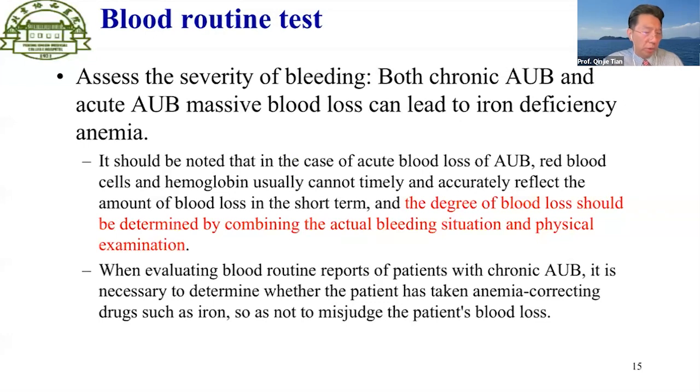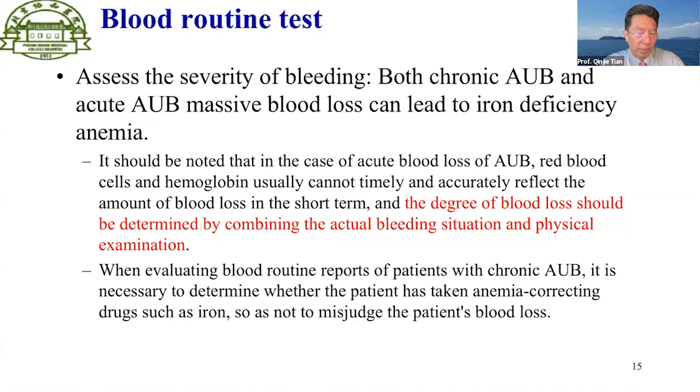It is worth noting that in situations of acute blood loss due to AUB, the red blood cell and hemoglobin levels may not accurately reflect the immediate blood loss. Therefore, the determination of blood loss severity should consider both the actual bleeding situation and the physical examination findings.